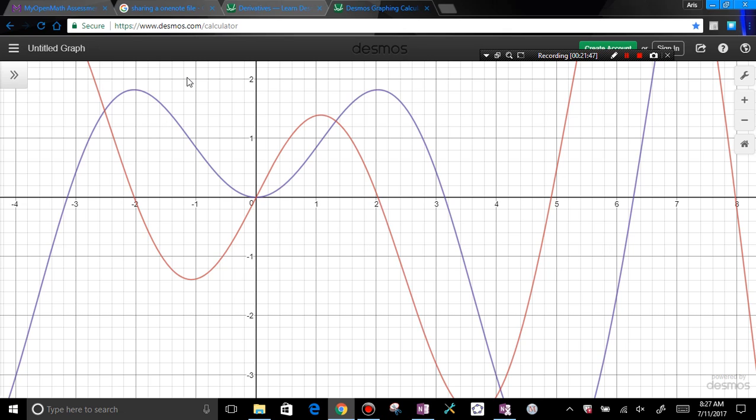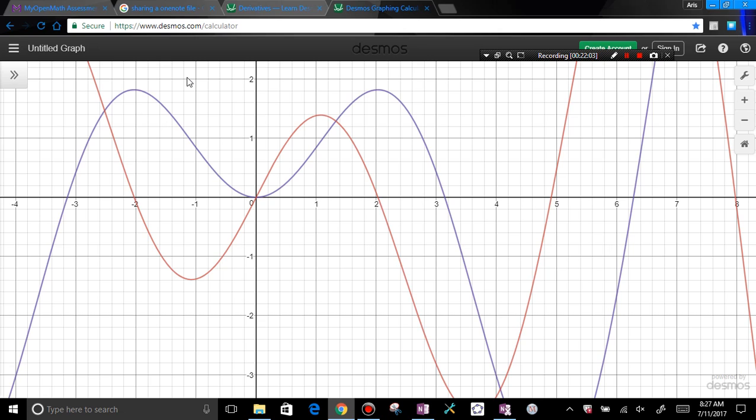Because when the blue graph is constant, like at the maximum, there's a zero. The blue graph is flat. So like at -2, for example.